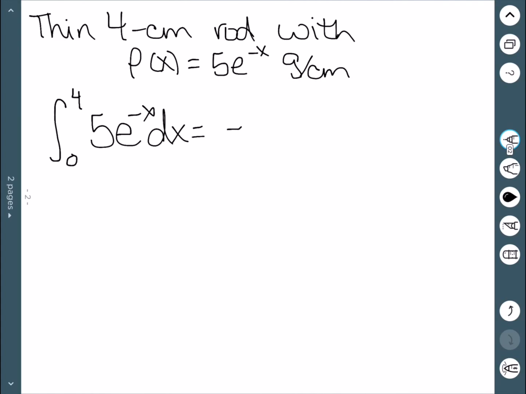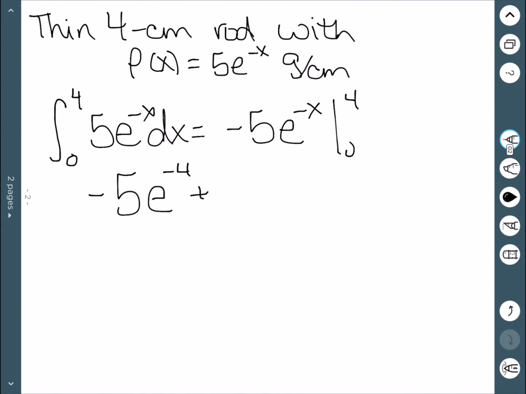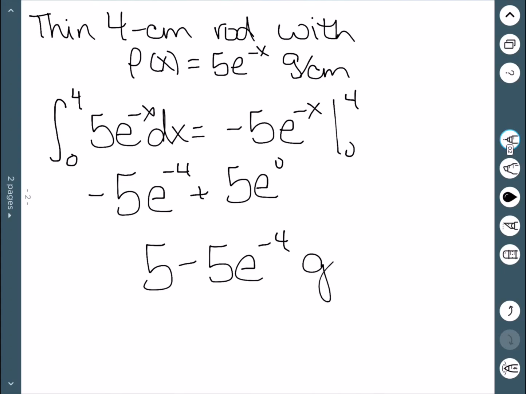When we integrate, we get negative 5 e to the minus x between 0 and 4. This means we have negative 5 e to the negative 4 plus 5 e to the 0, which is 5 minus 5 e to the minus 4 grams.